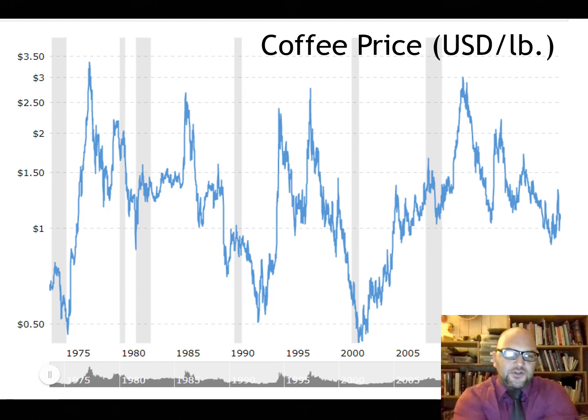As you can see from this chart, coffee prices have fluctuated radically over the last 40, 45 years, anywhere from less than 50 cents to $3.50. That is a huge range that you do not see in other commodities. So what ends up happening is that when you see these coffee prices going up, more and more people will plant coffee.